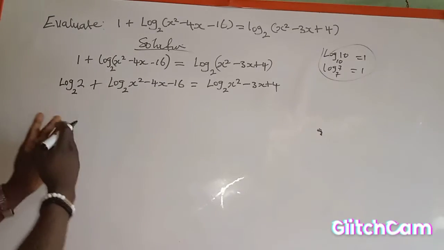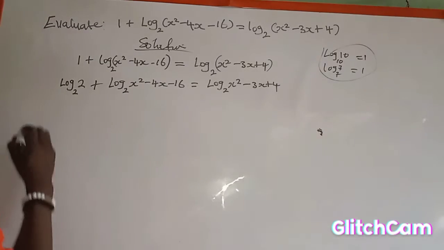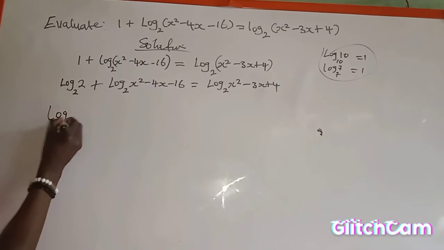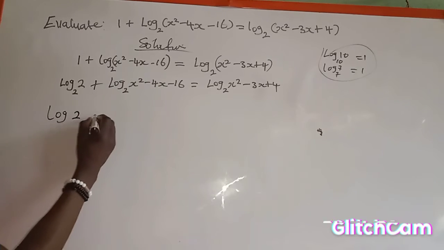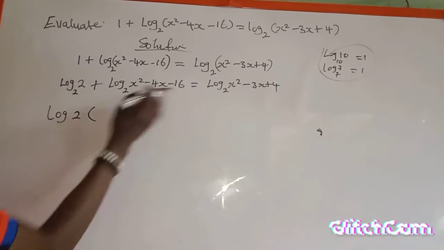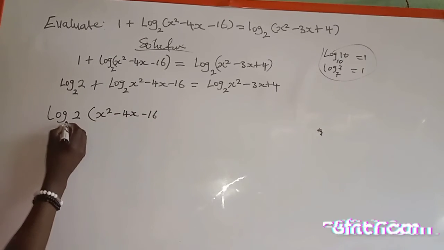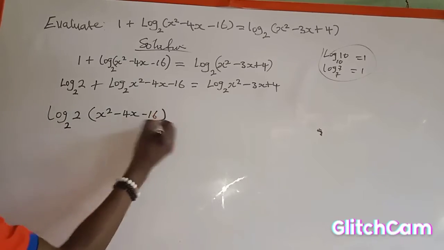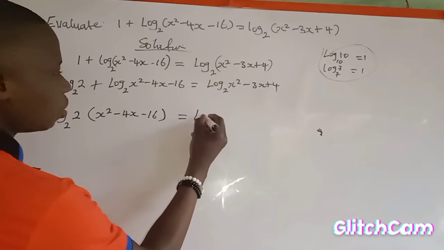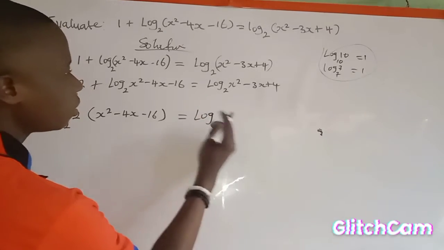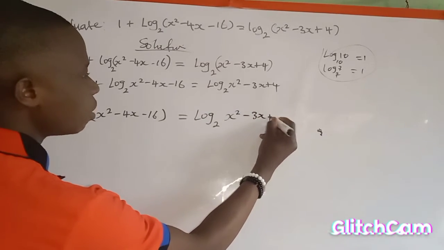So logarithm to the base of 2 is in the first term and in the second one. So we write only log of 2 into the bracket of (s squared minus 4s minus 16) to the base of 2, which is equal to the right hand side. You leave it like this as logarithm to the base of 2 of (s squared minus 3s plus 4).